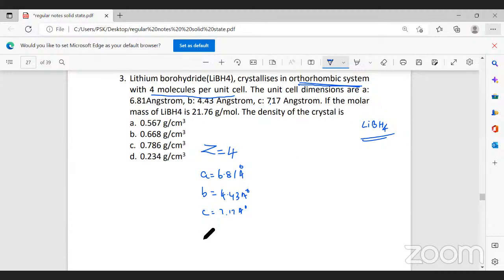And the molar mass they have given for lithium boron hydride is 21.76 gram per mole. And they're asking you to calculate the density, rho.